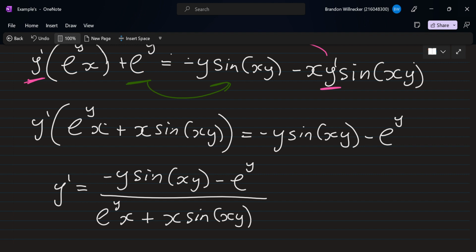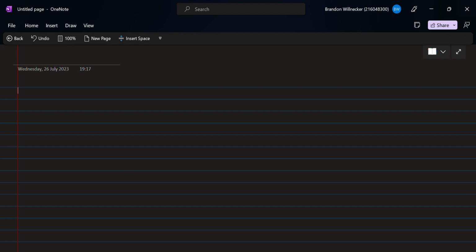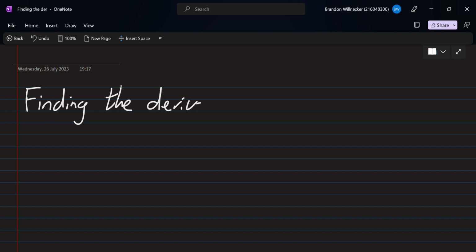Okay, so let's have a look at the main part that we wanted to get into, finding the derivative of inverse functions.